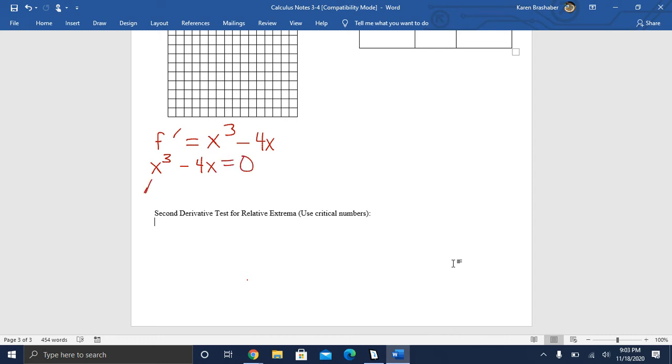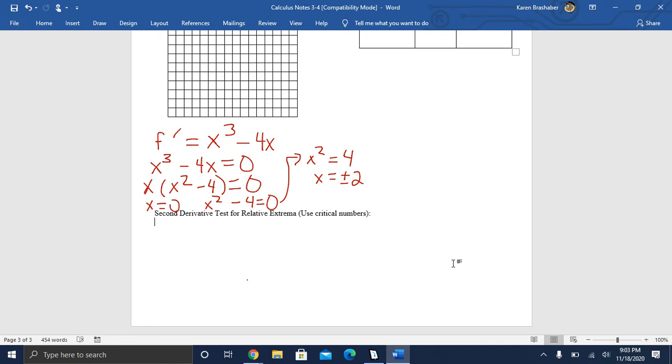So we can factor out an x, and that will leave us with x squared minus 4 equals 0. There are a variety of ways you can deal with the x squared minus 4, but realize that you have x equals 0, and then x squared minus 4 equals 0, and you could factor that, or you could say x squared equals 4 and take the square root and get x equals plus or minus 2.